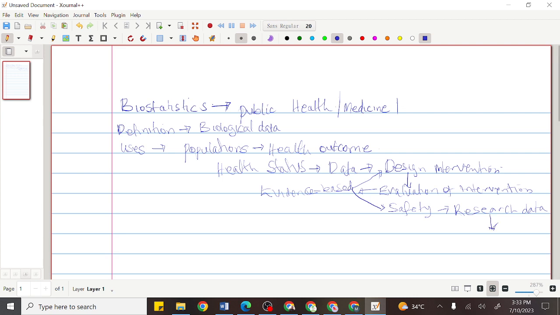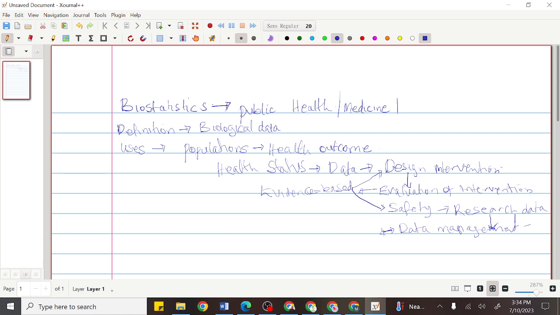If you have very good knowledge of biostatistics, it means that you will have the skills of data management. Okay, that means that you know how to collect, store, and even use data. So good knowledge in biostatistics is very important because it allows individuals to have skills in data management.